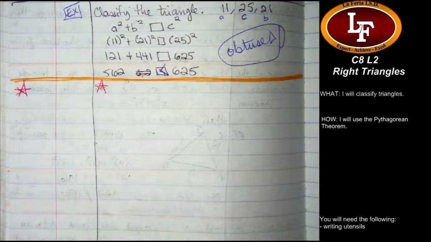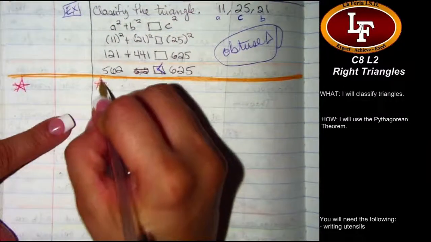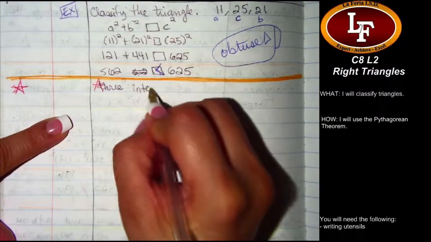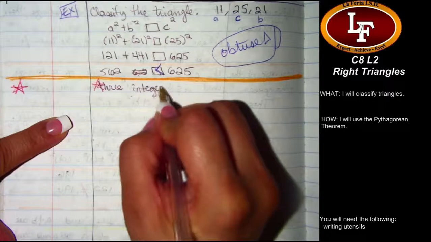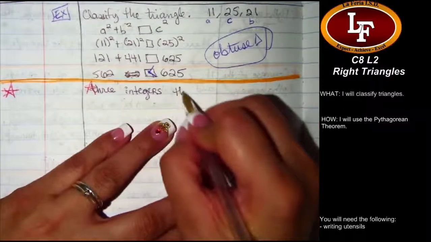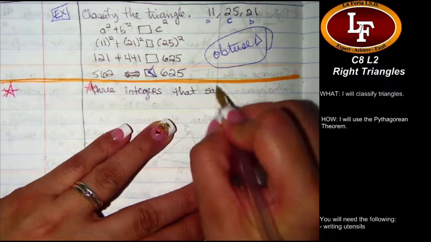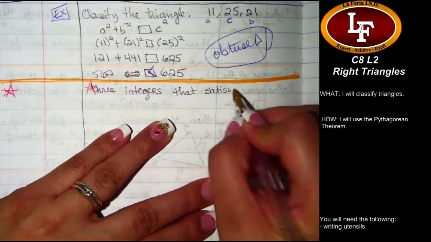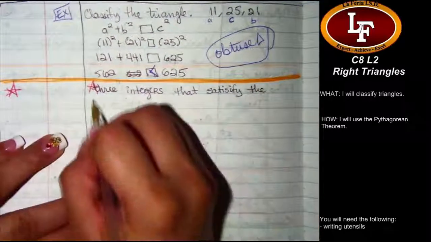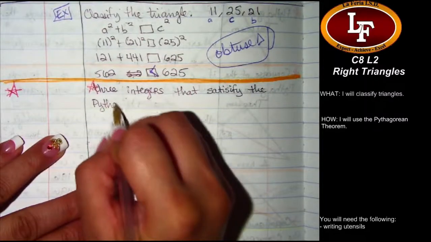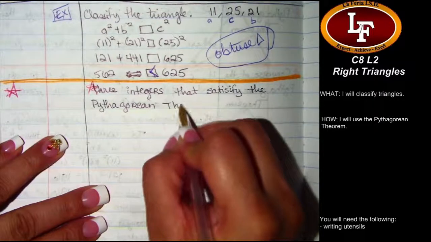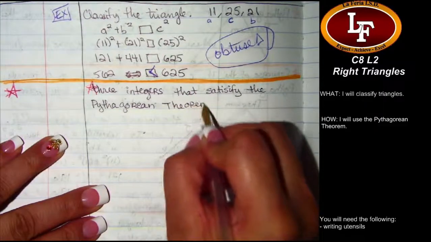Okay? So whenever we encounter 3 whole numbers, which we call integers, whenever we encounter 3 integers that satisfy the Pythagorean theorem, that means they make it true, unlike the example we just did, then this set of 3 numbers has a special name.